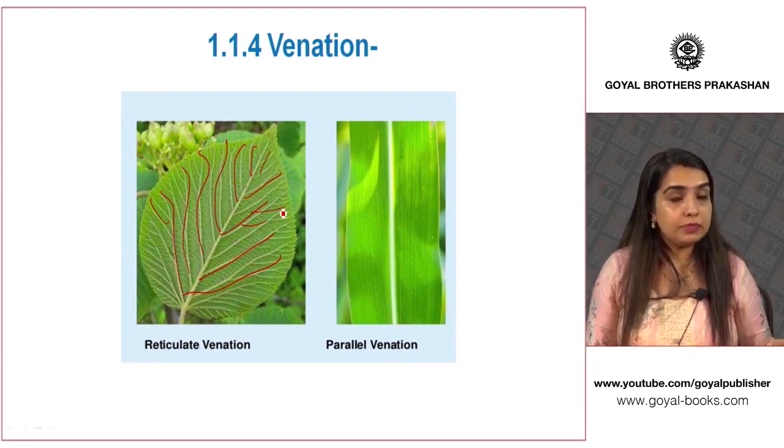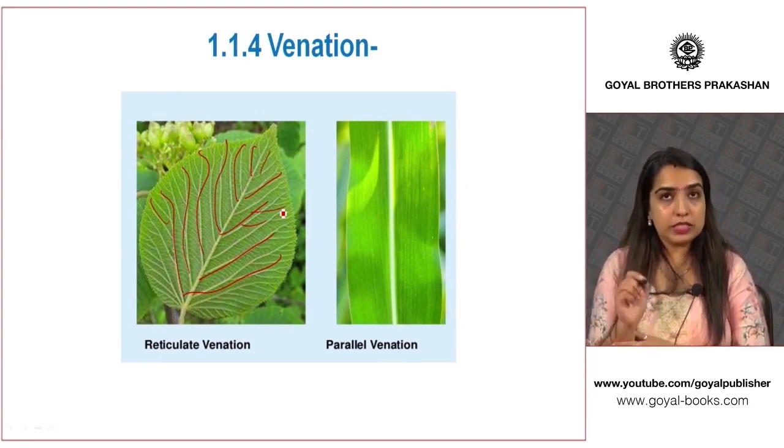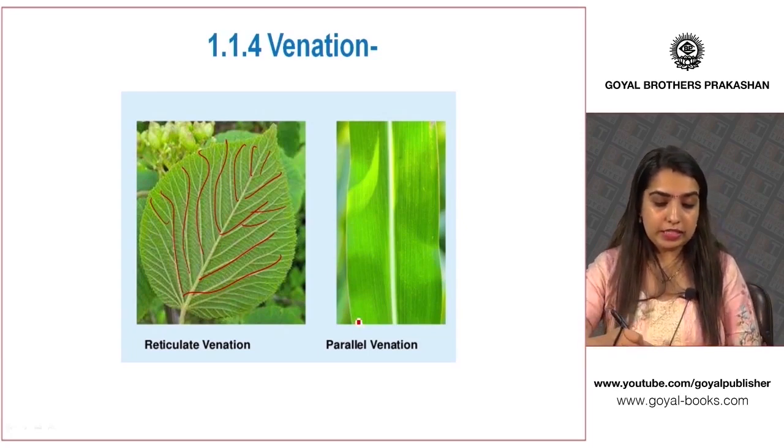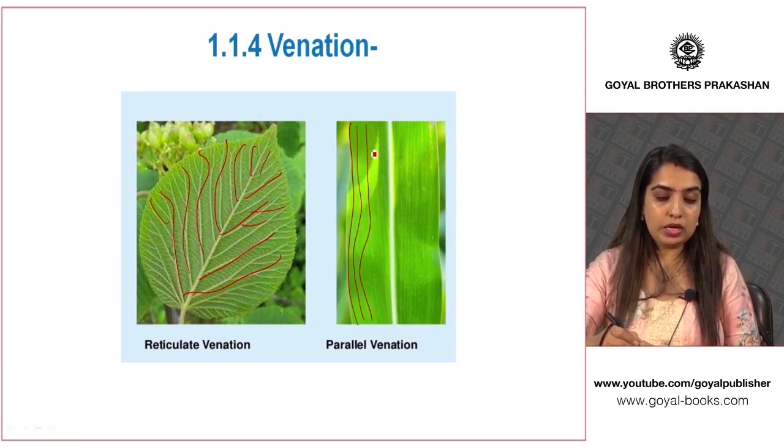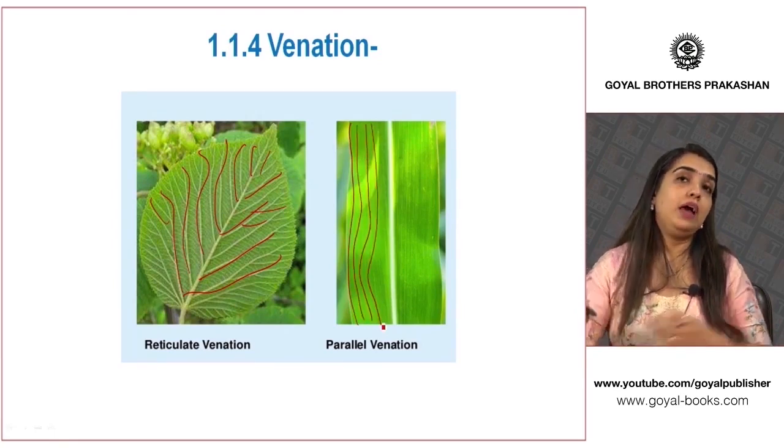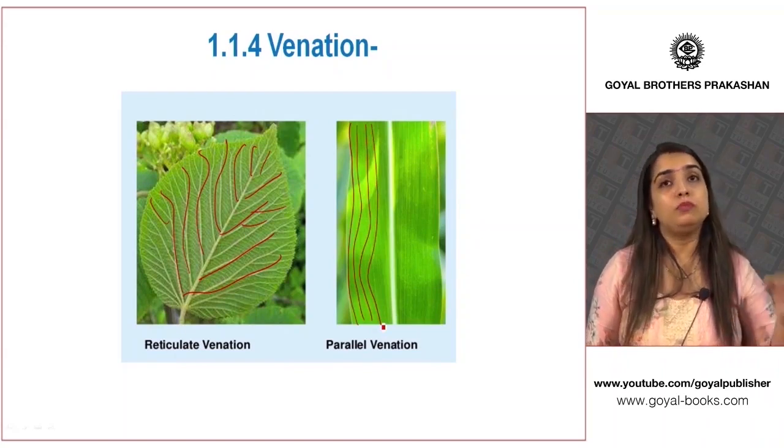And in parallel, if you look at the picture closely, you would notice that these veins run in such a manner that they are parallel to one another, and this happens from the base to the tip or the top part of the leaf.